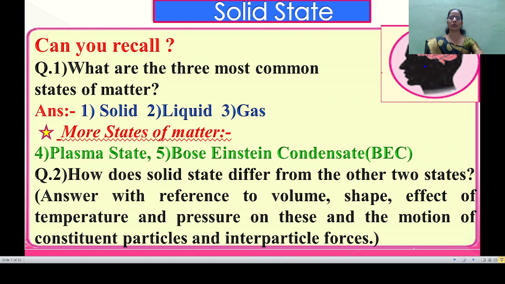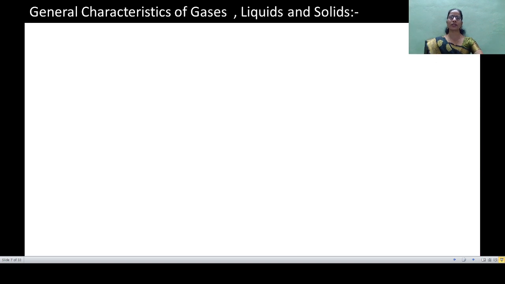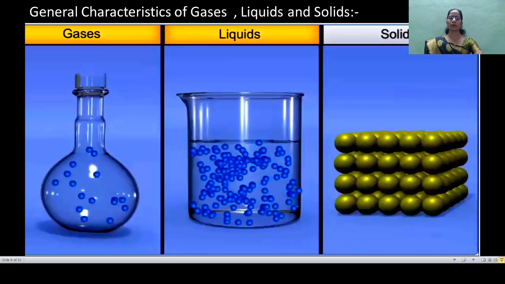That is, you have to answer this question with the help of general characteristics of these 3 states. You studied these general characteristics in 11th standard in the chapter named States of Matter. So today I will just revise these characteristics with the help of this picture and a video clip.